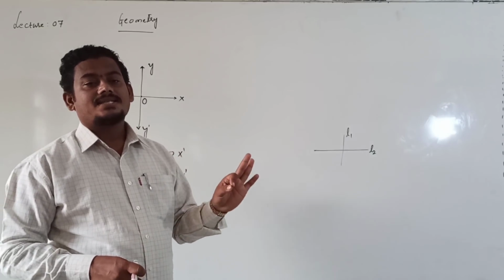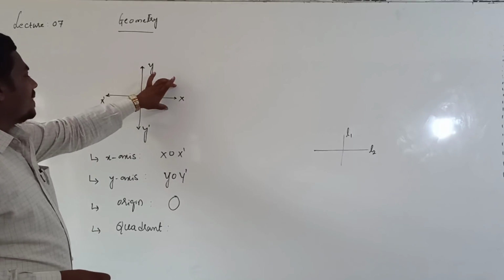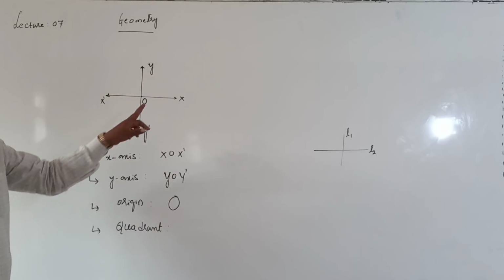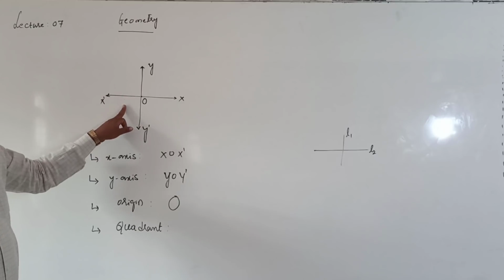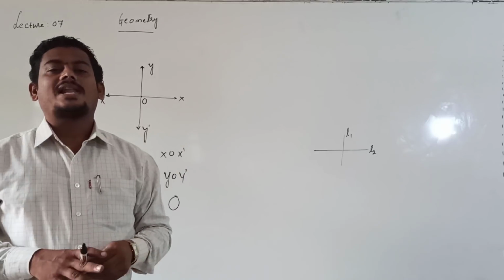In such cases, we can say that mutually. Two mutually perpendicular lines divide the plane into four equal parts.